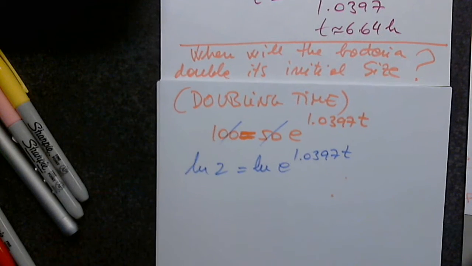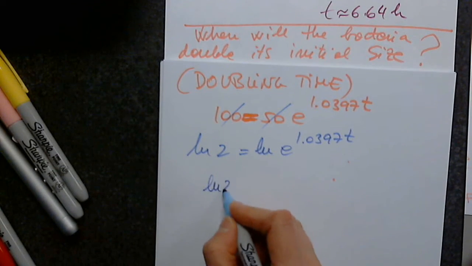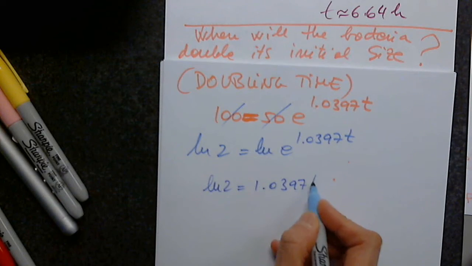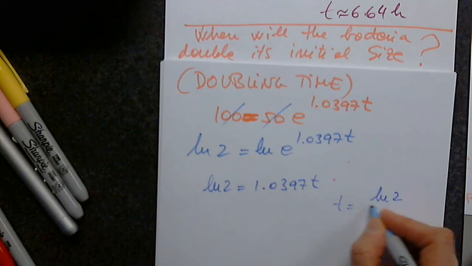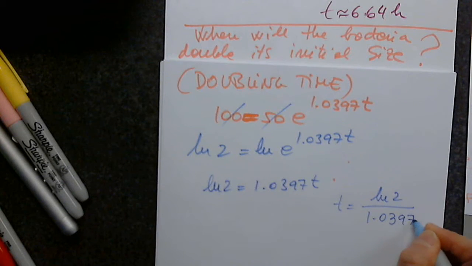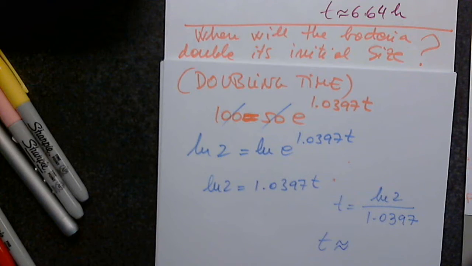I jumped ahead, I'm sorry. So we have natural log 2, and divide by 1.0397. Okay, so in approximately 0.7 of an hour.